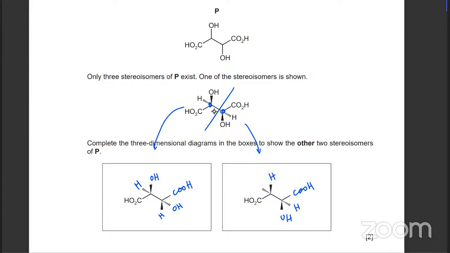If I mirror it, it now starts pointing out of the board. So the wedge-shaped bond is now H. The OH is pointing out of the board. If I mirror it, it starts pointing into the board. So those are the 2 sides. In this case, this is mirrored. And the other one, the other side is mirrored. Is that clear?